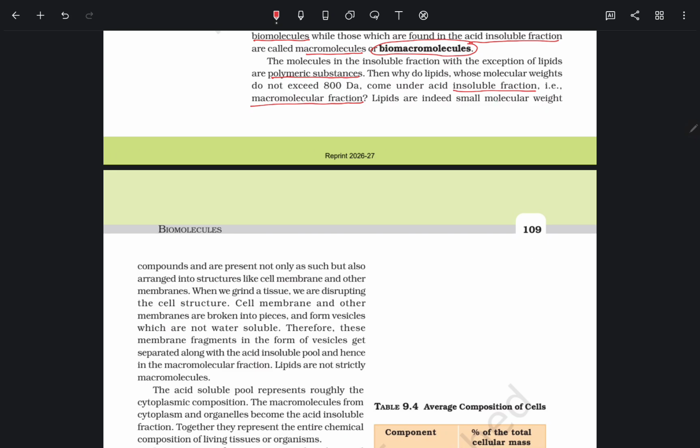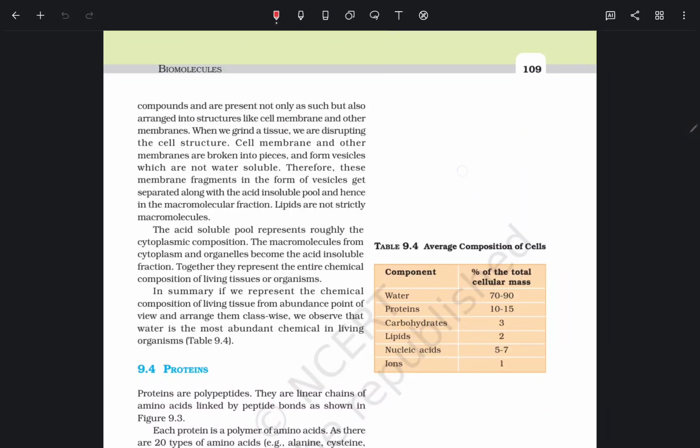Lipids are indeed small molecular weight compounds and are present not only as such but also arranged into structures like the cell membrane and other membranes. When we grind a tissue, we are disrupting the cell structure. The cell membrane and other membranes are broken into pieces and form vesicles which are not water soluble.